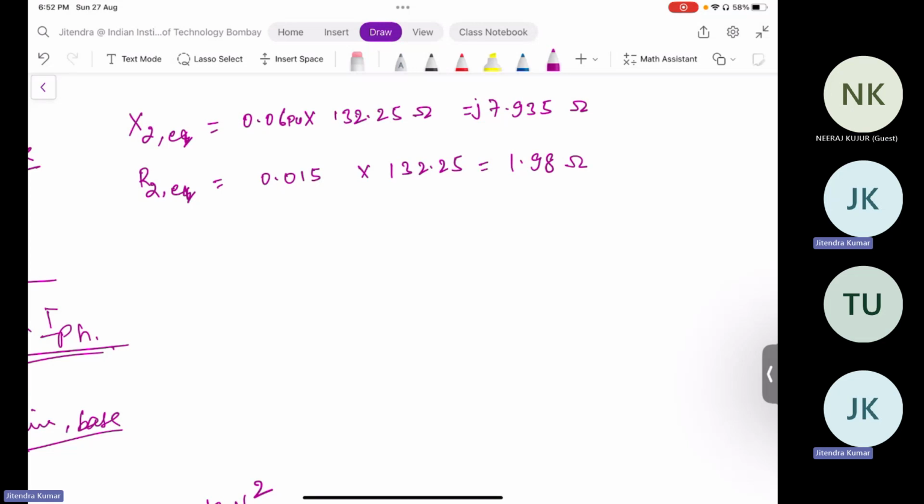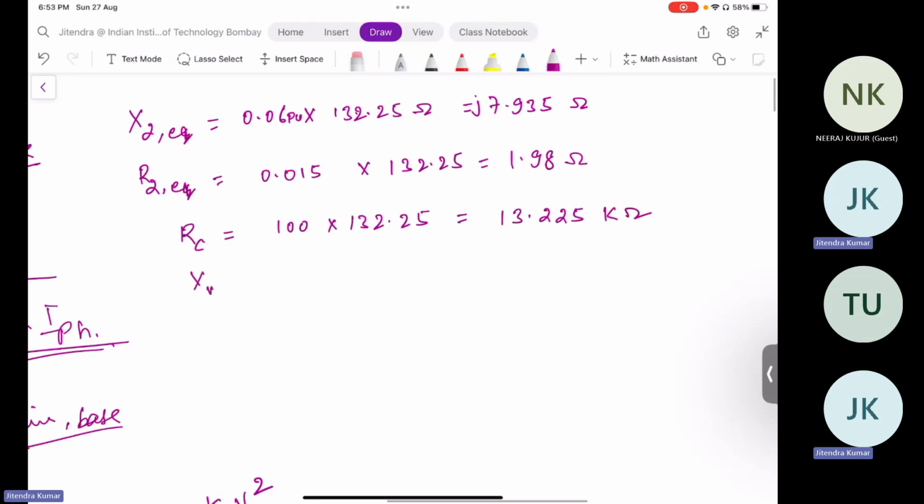Now coming to the parallel parameters. RC is 100 per unit into 132.25. So it is 13.225 kilo ohm.